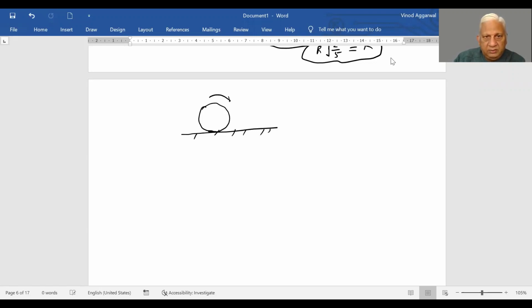One is that it rotates in a particular direction, and if this is the center, this also moves in the forward direction. So it has two motions. One is called rotation. The wheel rotates, we all know, and we also move forward. So we translate as well.